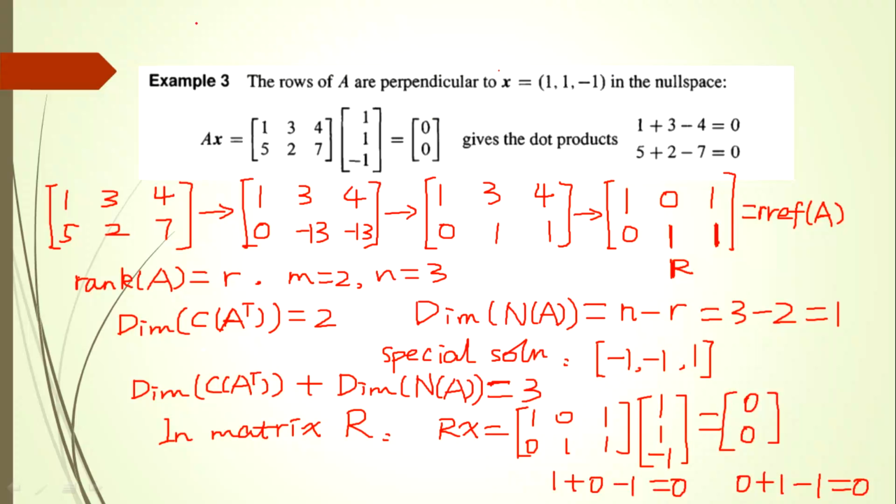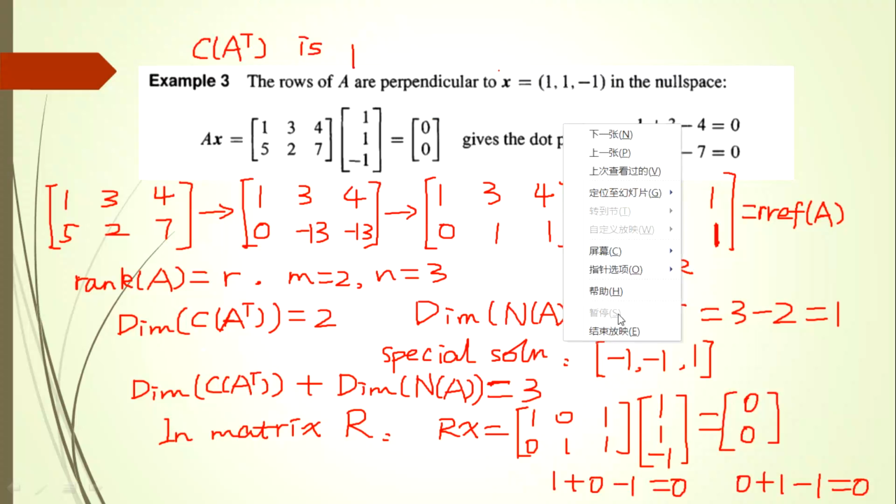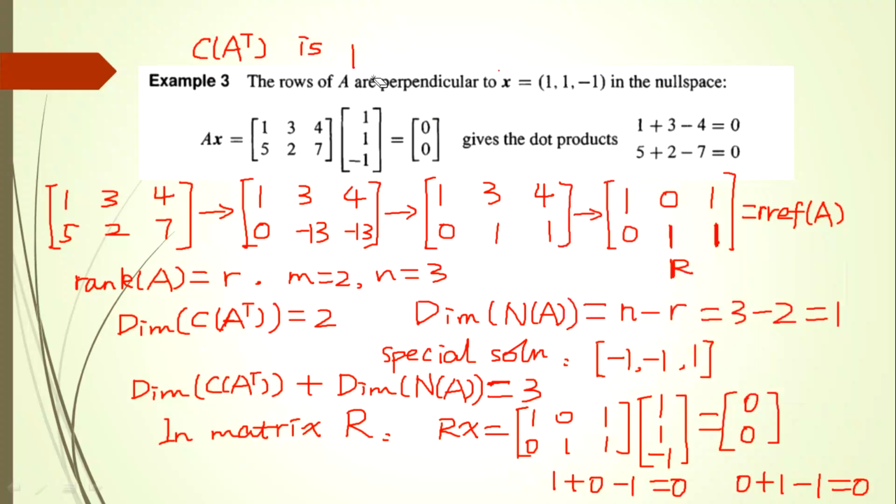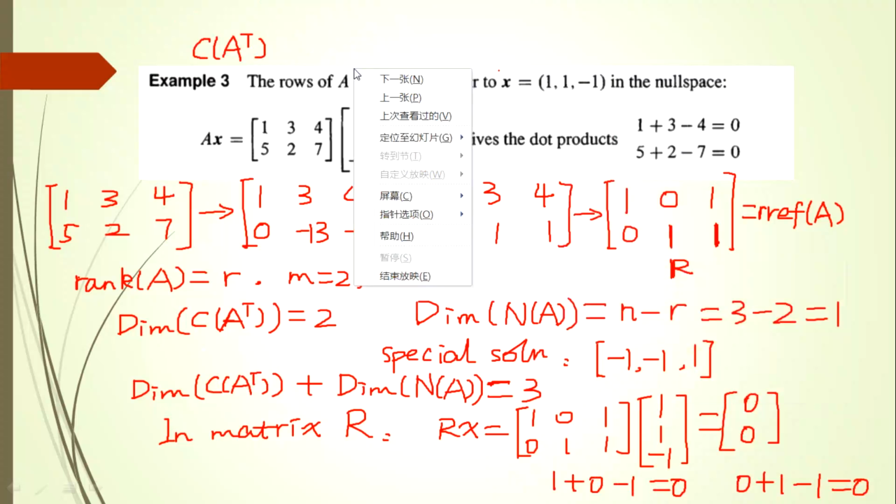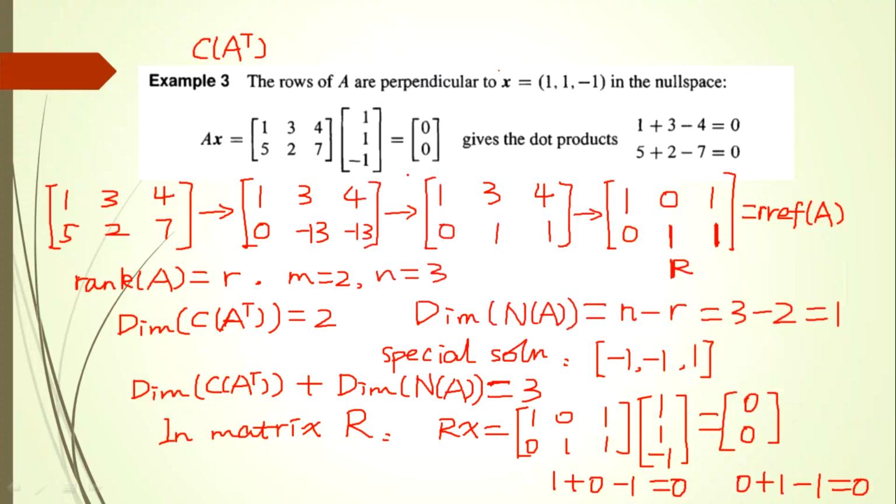That means the row space, the column space of A transpose, is orthogonal to the null space.